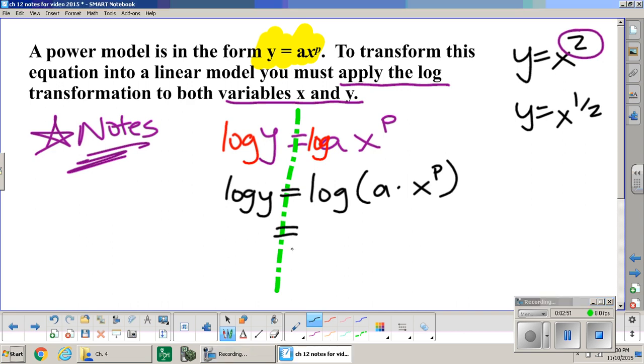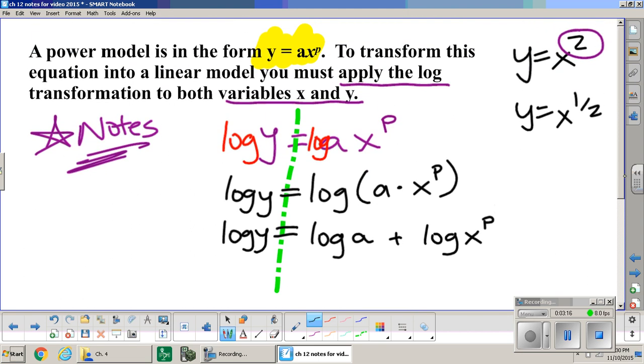Oh, that's right. Good job. You separate first the multiplication right here. So we have log a plus log x to the p. So just like last time, when there's multiplication inside, you can separate the two logs with addition. So we still have log y over here.